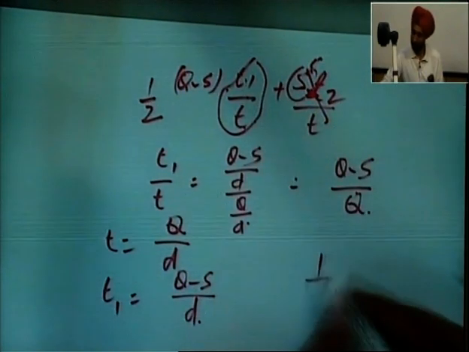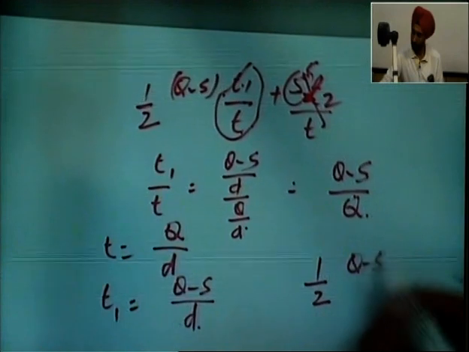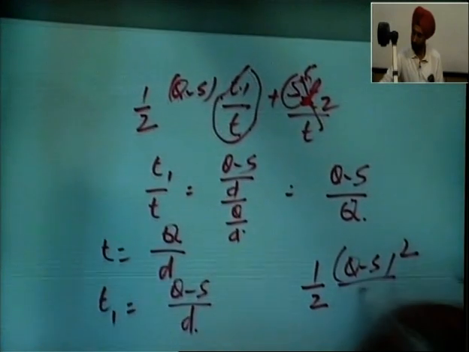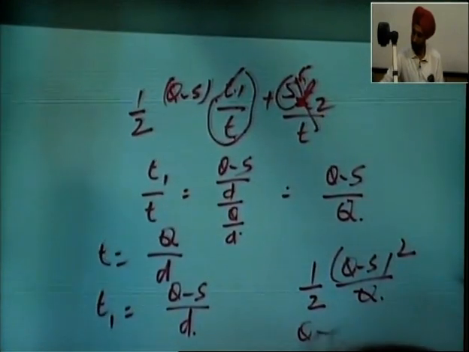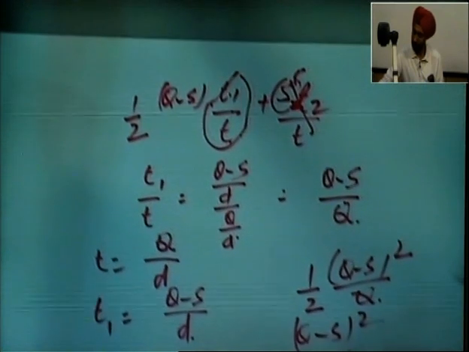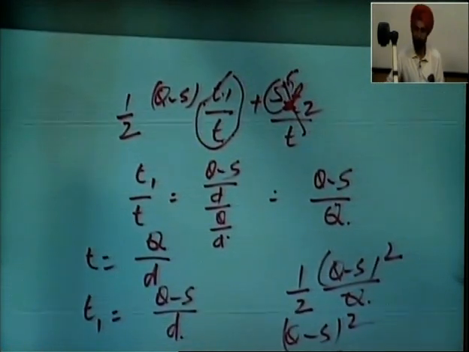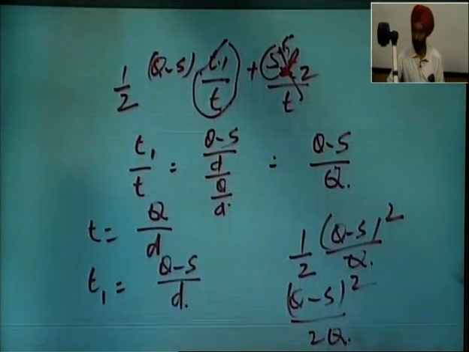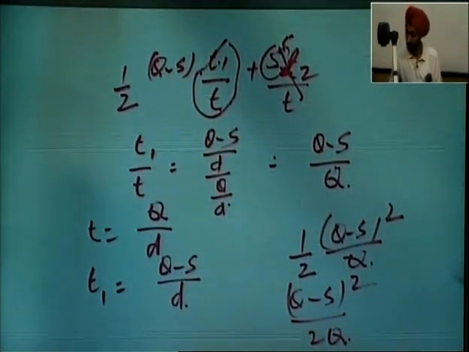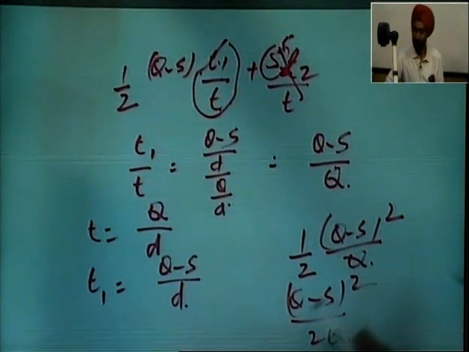So, finally, this becomes half Q minus S square divided by Q, or you can say Q minus S square divided by 2Q. Now, this will be the average inventory in that period T.